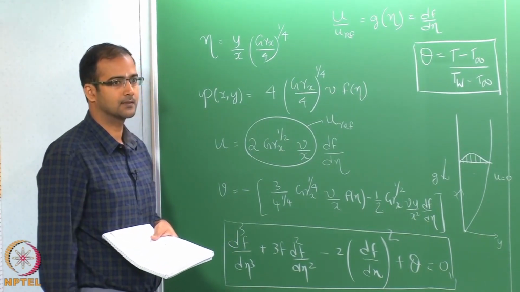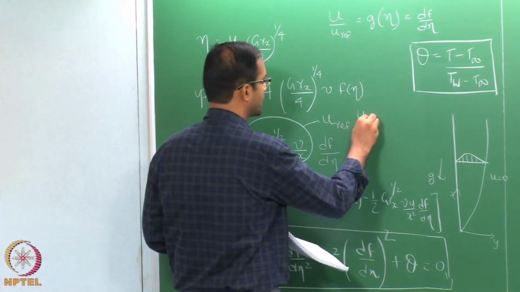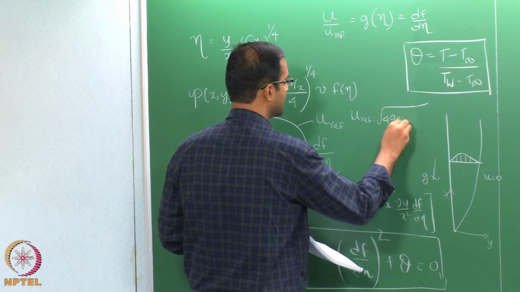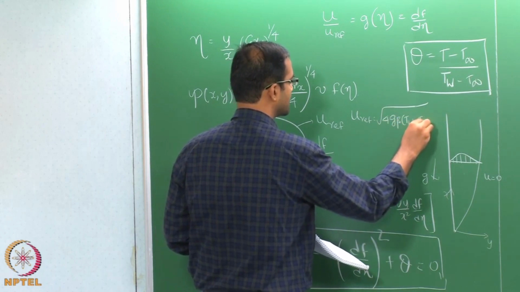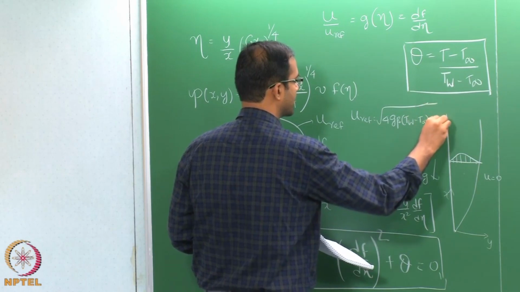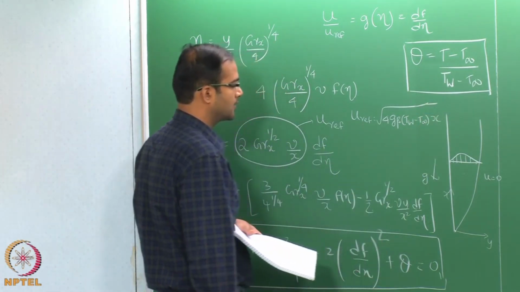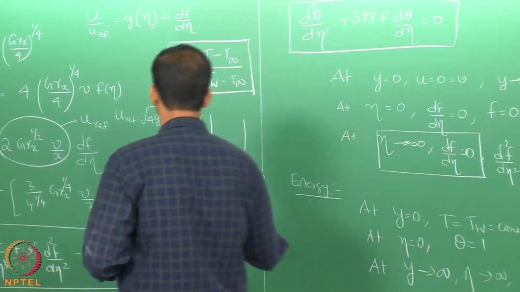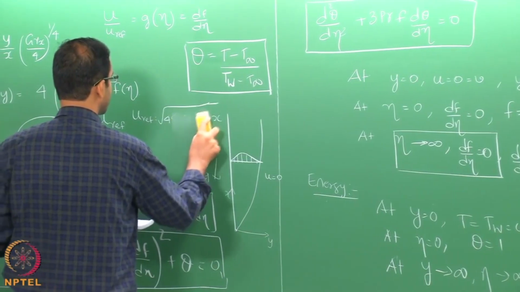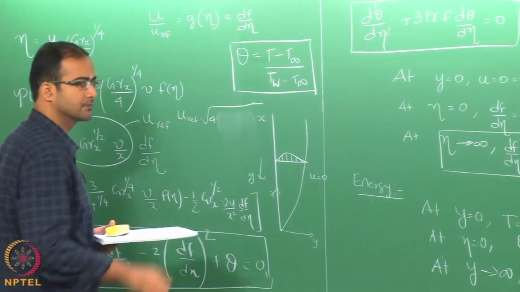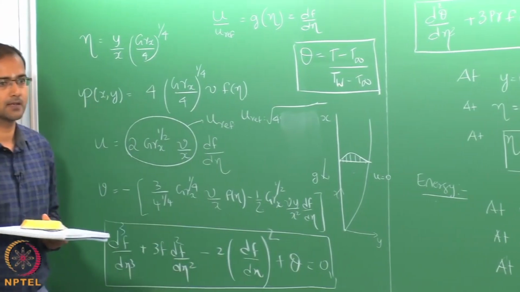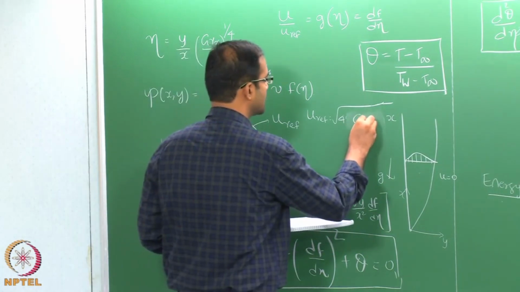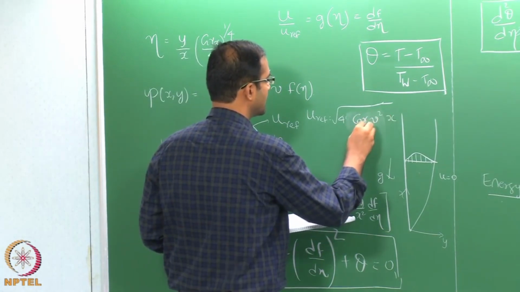You can please check that. Okay. So, our u reference definition is 4 times g beta t wall minus t infinity into x. Okay. So, you can replace this with Grashof number. So, g beta into t wall minus t infinity is what? How do you rewrite this in terms of Grashof number? Grashof number into nu square by x cube.